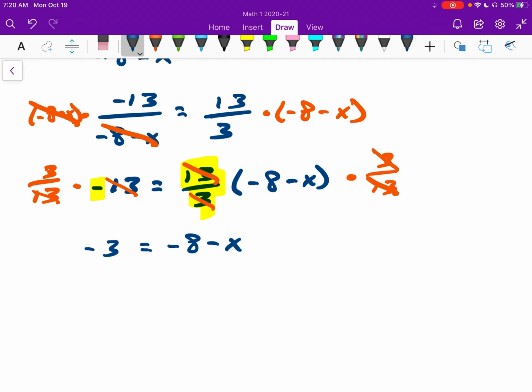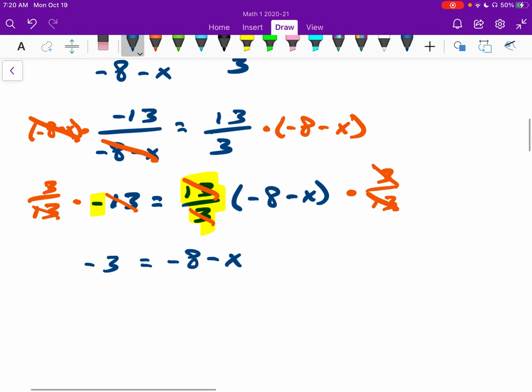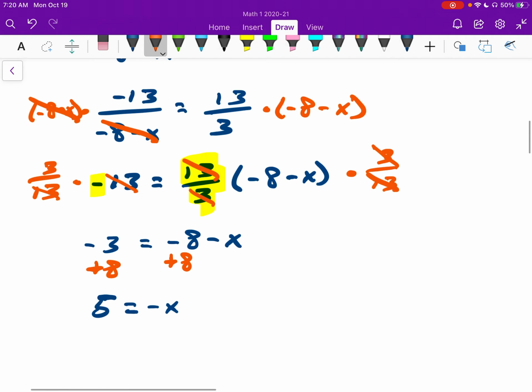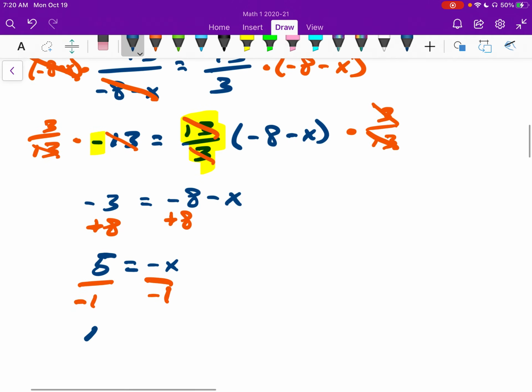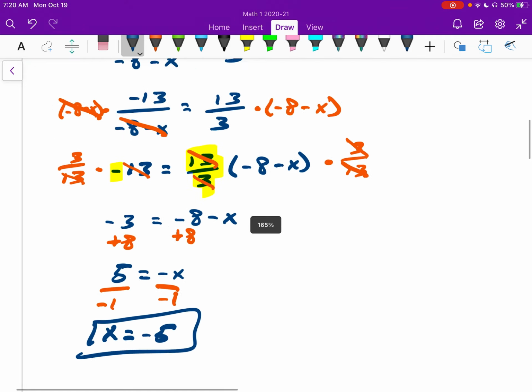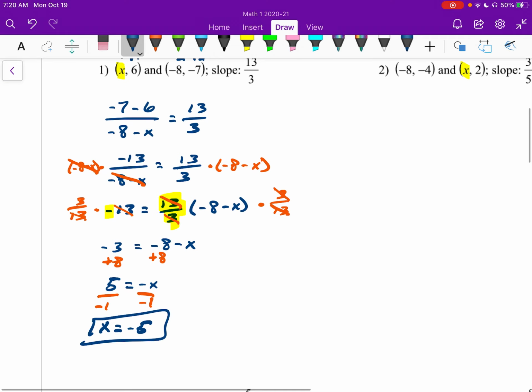Now this is just a plain old two-step equation, and we're going to add 8 to both sides. We get 8, 7, 6, 5. 5 equals negative x, and then we divide both sides by negative 1, and x equals negative 5. All right, that's number 1.